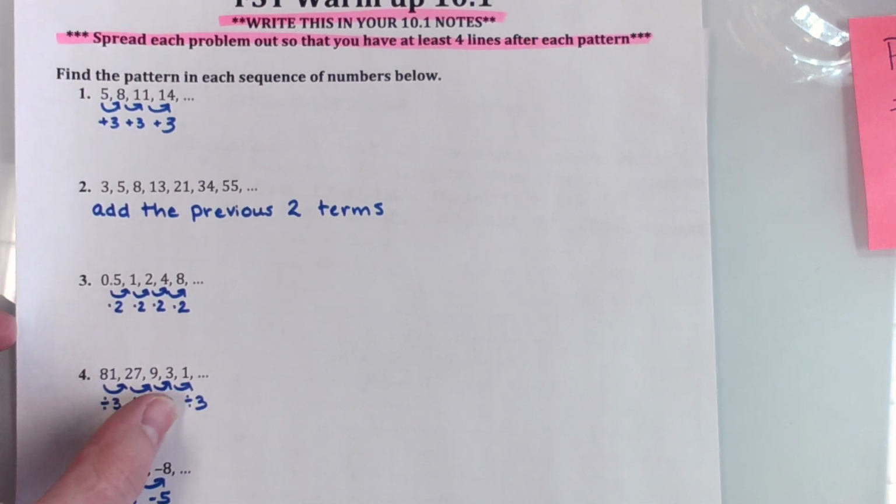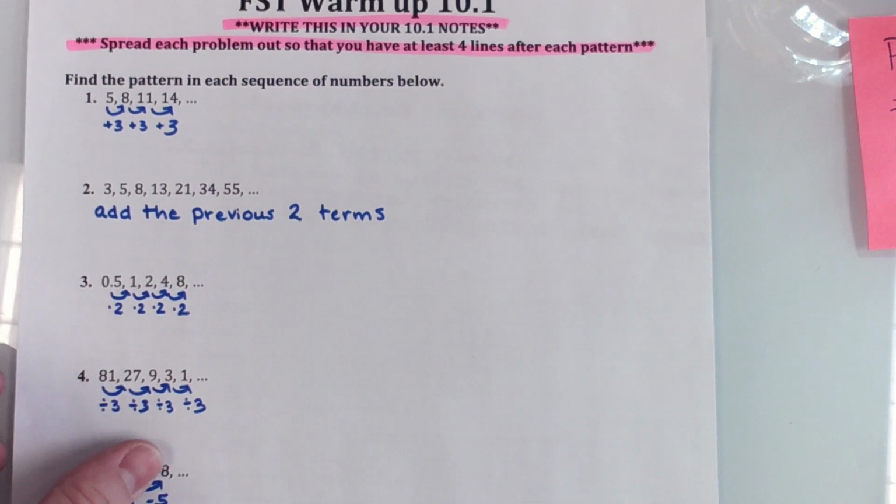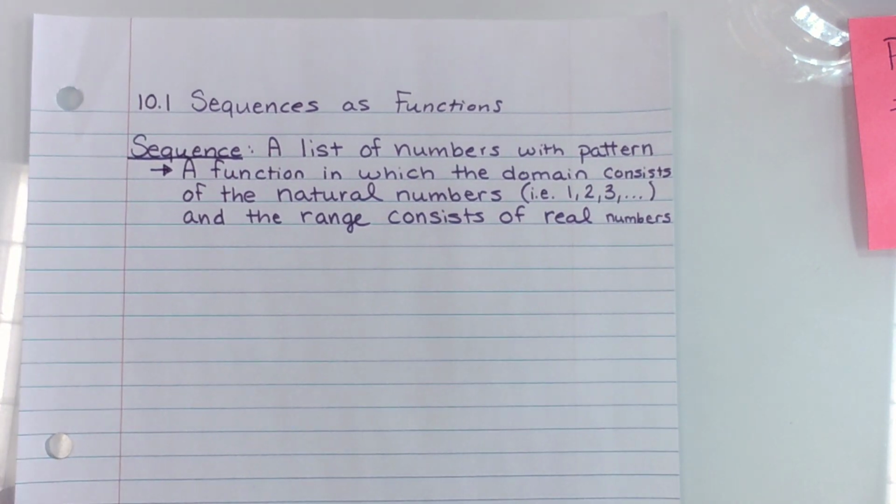And the range, the output, that's what these numbers are essentially, is real numbers. What numbers are not real numbers? Fractions and decimals? Fractions and decimals are real. Negatives are real.